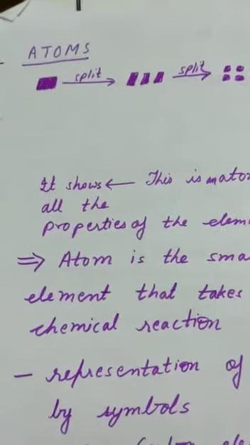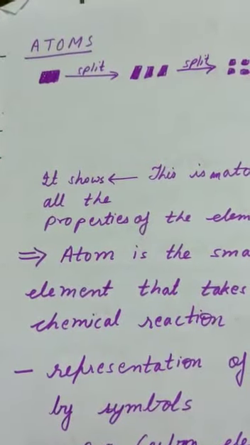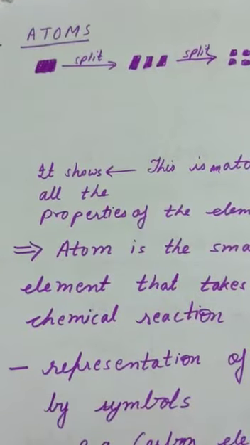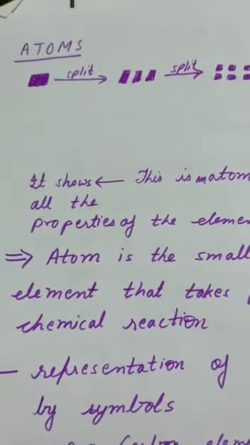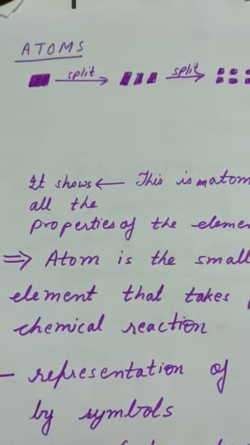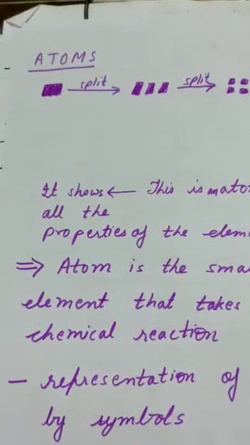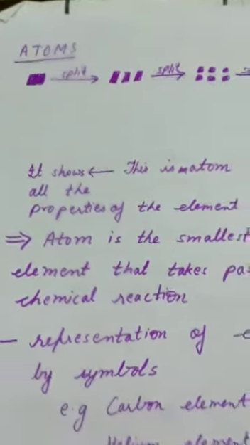This smallest part of an element is known as atom. Now this atom shows all the properties of the element. The properties shown by an element in a large piece are shown by the atom, which is the smallest unit.